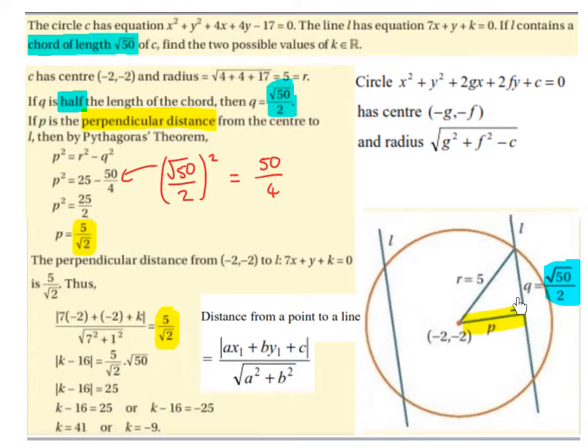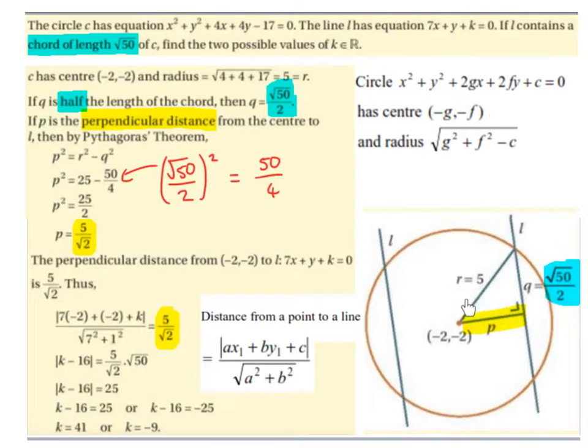If we draw on a right angle here, we can see that this is a right angle triangle, with r, the radius of the circle, which is 5, being the hypotenuse, and p and q being the other sides, the a and the b. So subbing into the formula, we get r squared equals p squared plus q squared, and we can rearrange so that we have p squared equals r squared minus q squared.